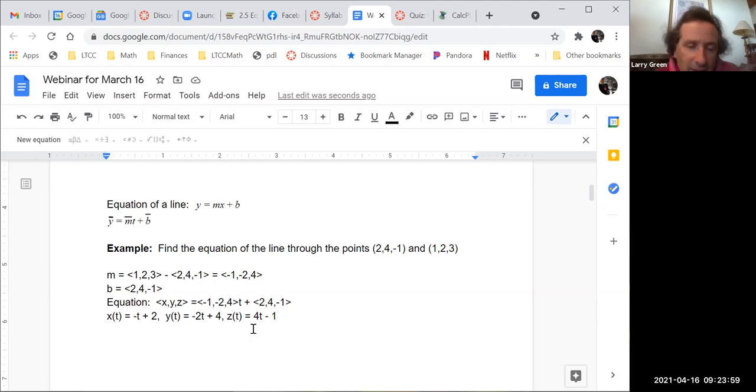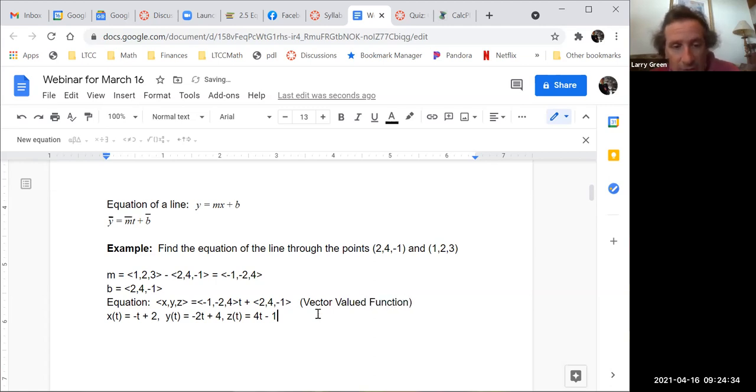So if we want to not have a t, how do I get rid of t? Any thoughts? Yeah, we solve for t in all three of them. So let me write down, I haven't written this. This is the vector valued function.